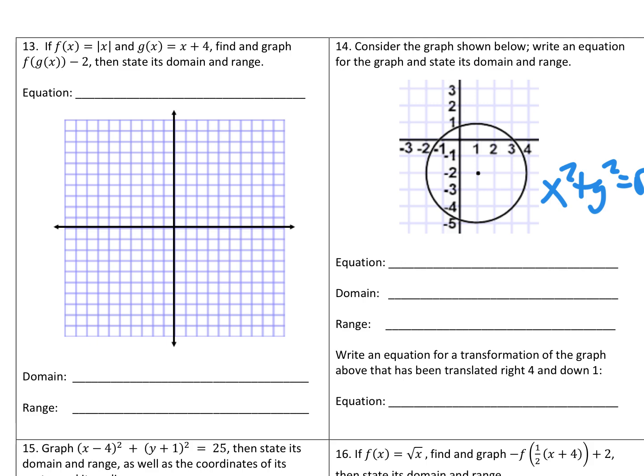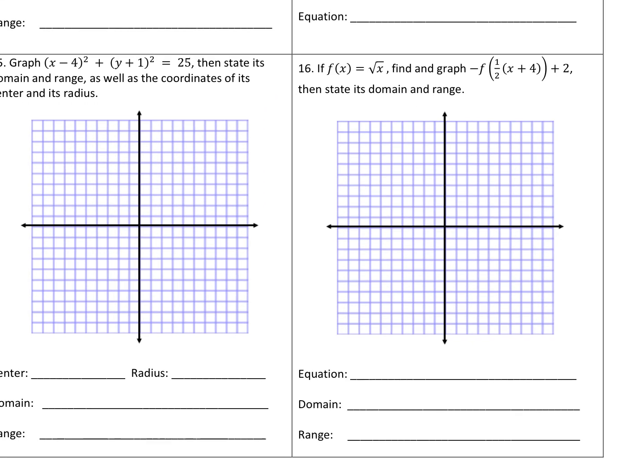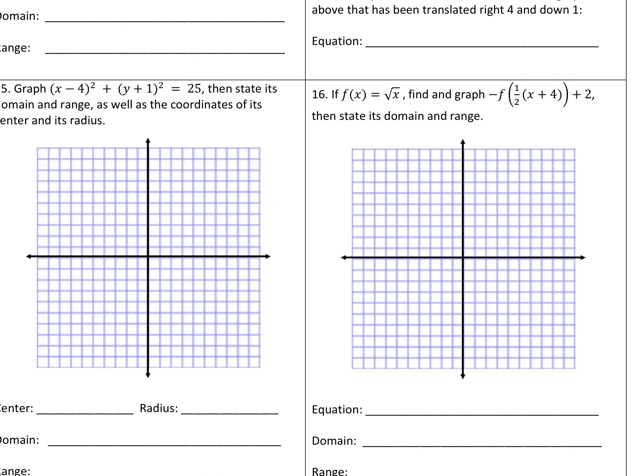All right, let's look at these. Oh, looks like a circle to me. Got a radius of 25? No. What? 5. And then it's been moved to the right 4, and careful, seems like up 1, actually down 1.